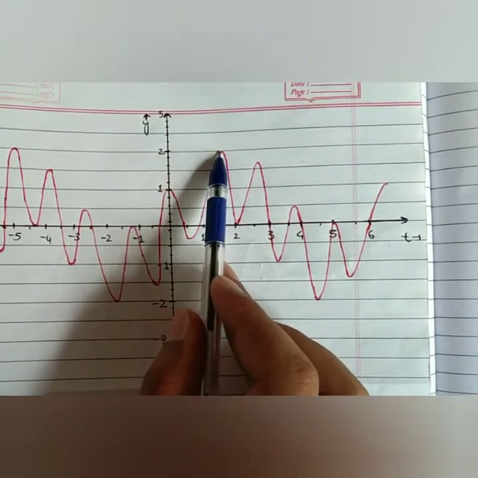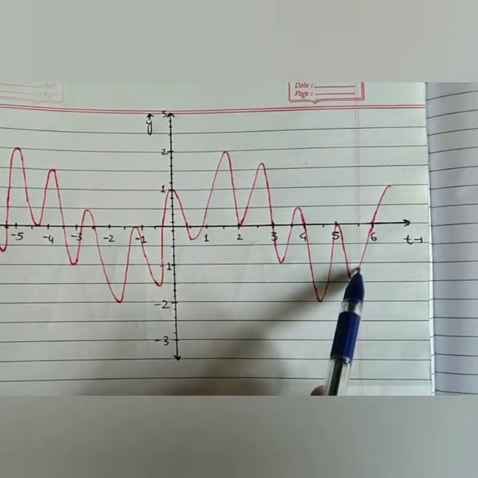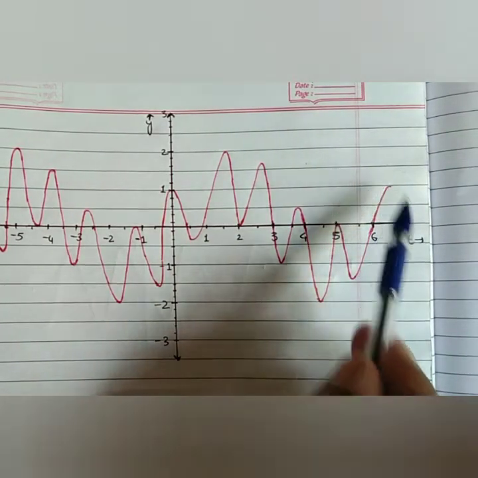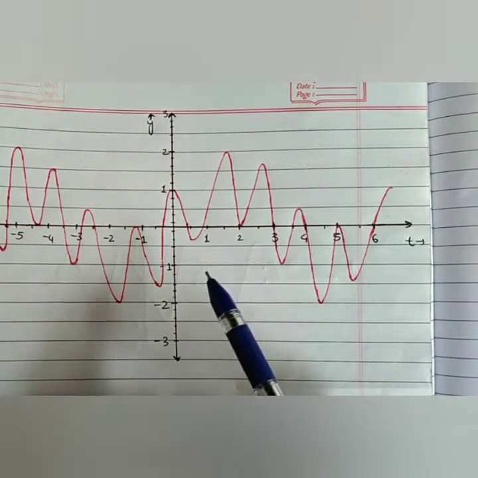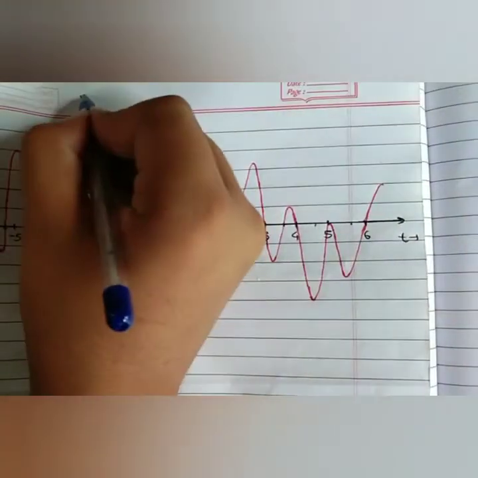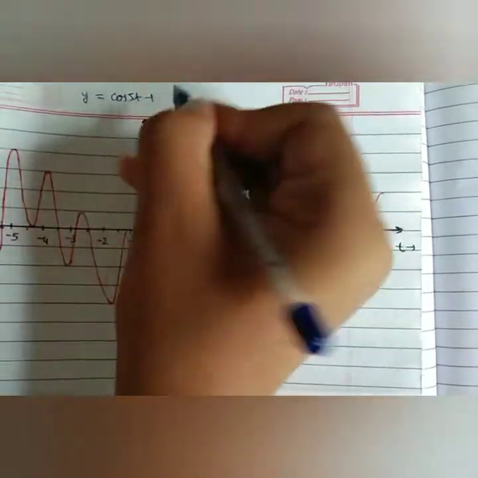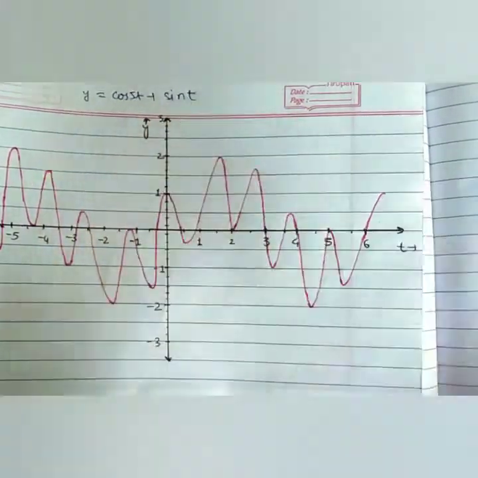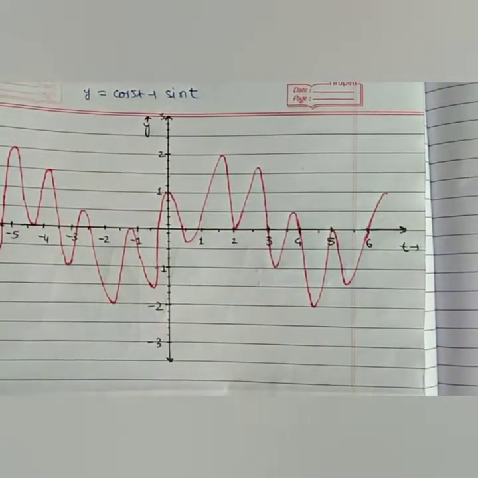The structure of this graph is like a sin t graph. So this is the graph of y equals cos 5t plus sin t, which is the superposition of both these trigonometric functions.